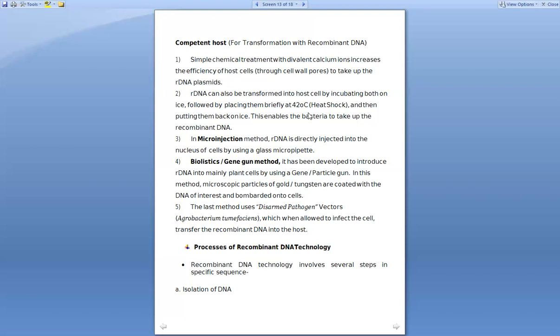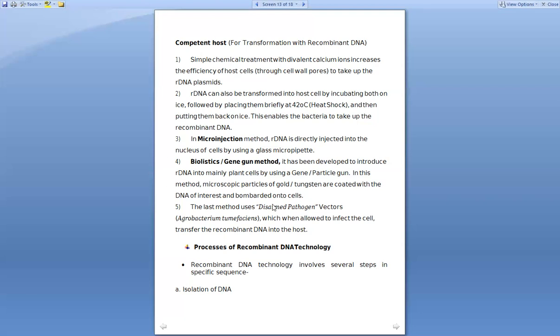Initially it was an icy, cold medium, and suddenly it is placed into a hot, or warm, medium. For this reason the cell experiences the heat shock, and doing this 2 to 3 times, the host cell is getting the shocks.